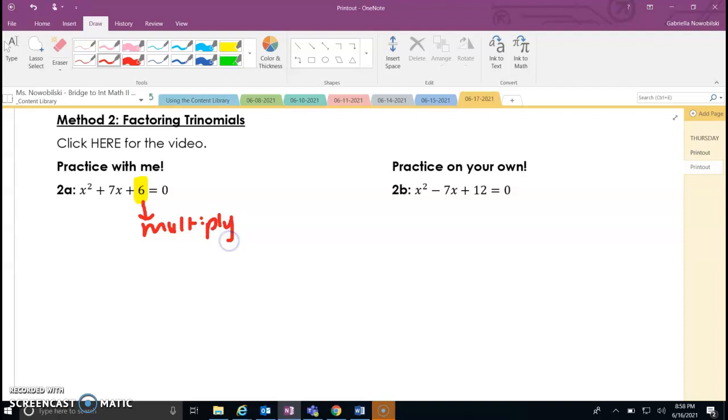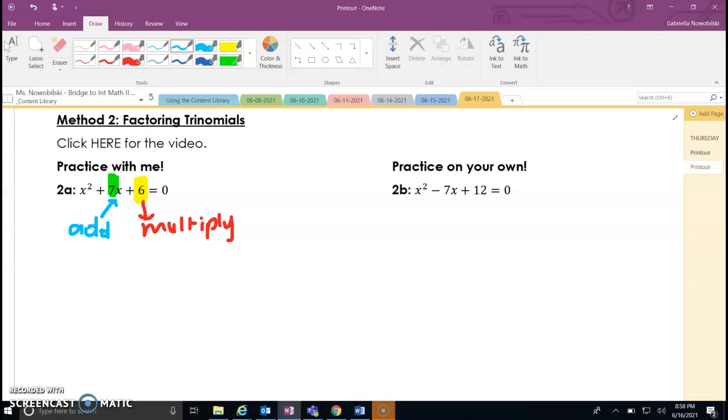And you want to find the same 2 numbers that add to this middle term of 7. So you have to find 2 special factors that multiply to 6 and add to 7.